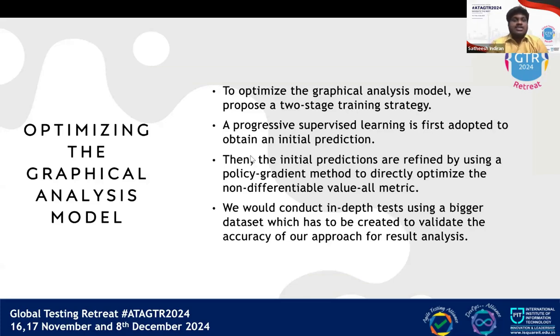So we see multiple optimizing strategies with the graphical data. When we compare it to numerical data, the graphical data that is passed is very complex. So our suggestion is that we need bigger data sets. A data set is nothing but a proper report that is generated.